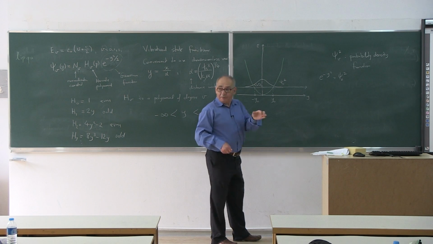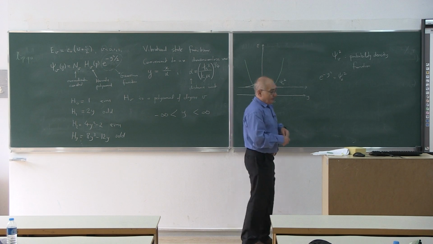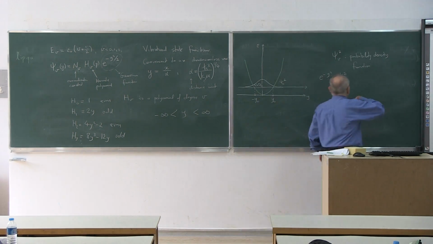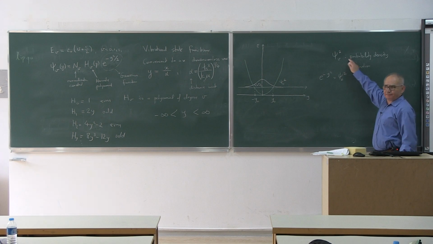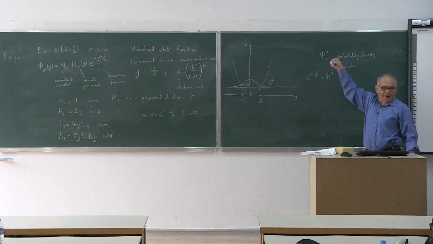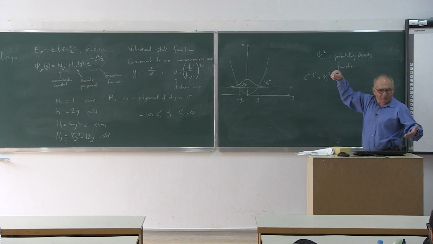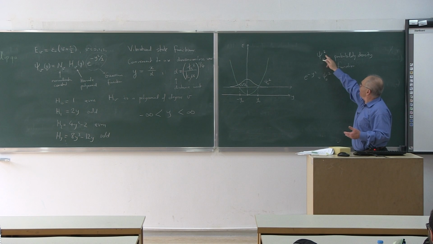Now we compare it with the quantum result. According to quantum theory, the probability density multiplied with dy will be the probability of finding the particle at some value for y.